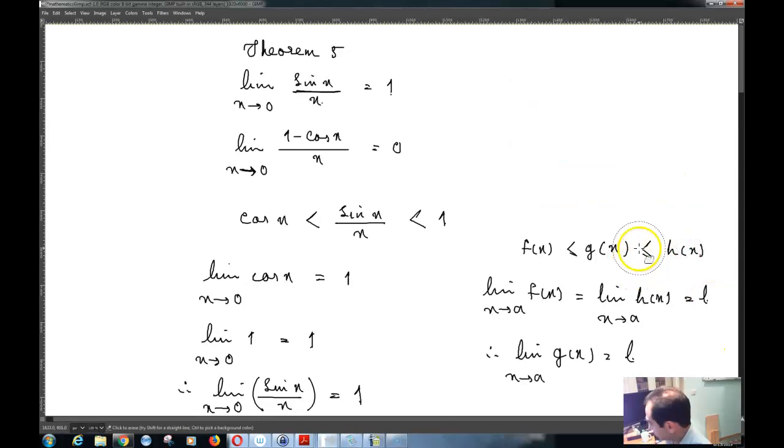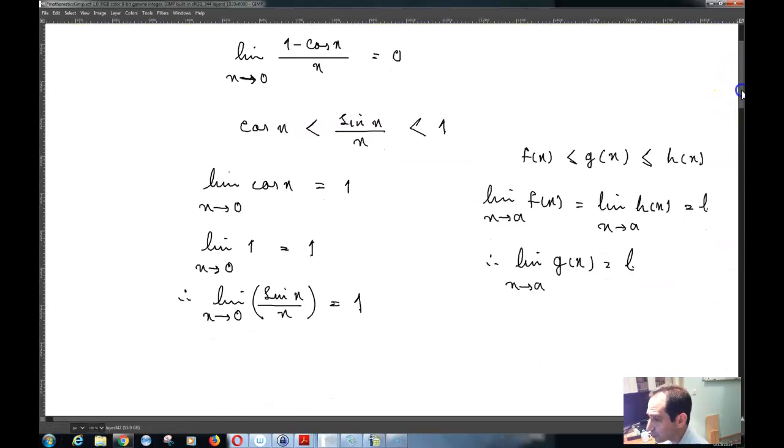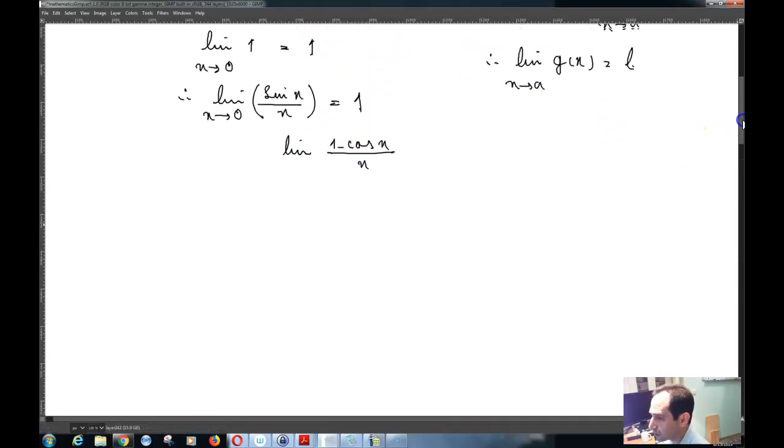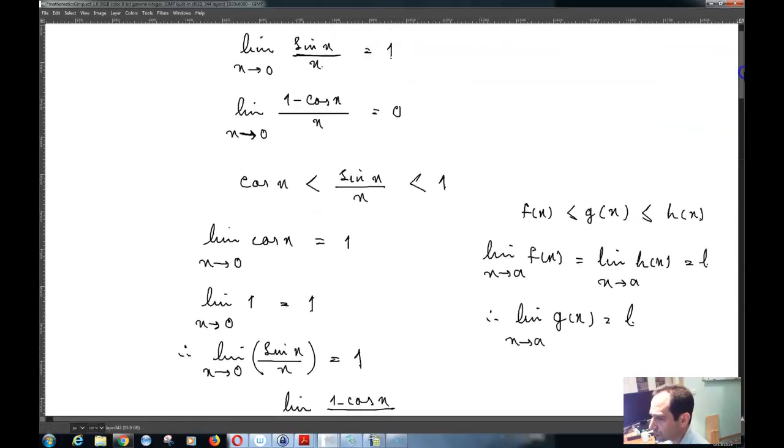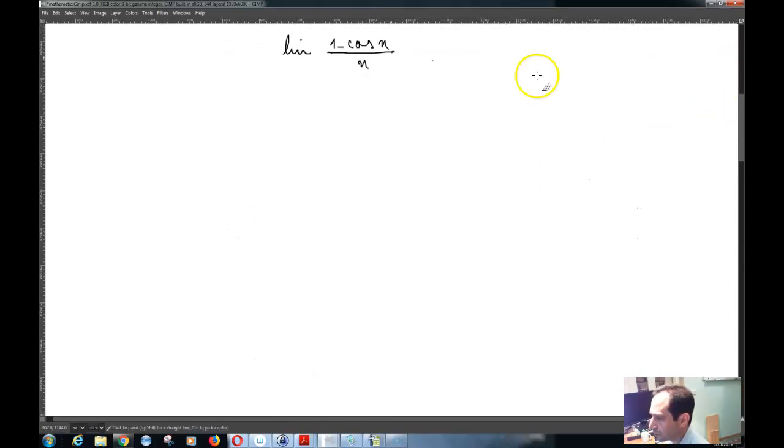Now the second part is this. We want to prove that the limit of 1 minus cos x over x as x tends to 0 is equal to 0.